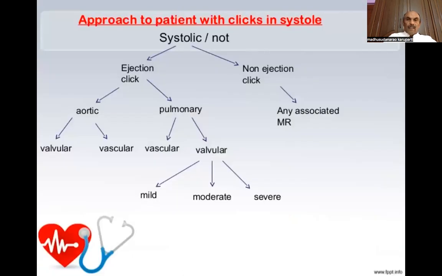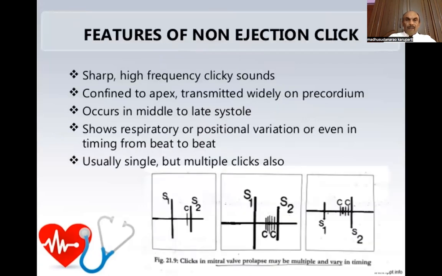Systolic clicks: ejection and non-ejection clicks. Ejection click is appreciated in pulmonic and aortic stenosis. Non-ejection clicks are associated with mitral valve prolapse. What are the features of non-ejection clicks?